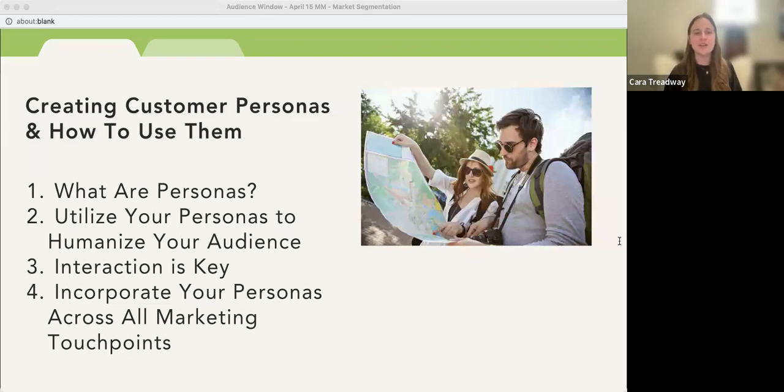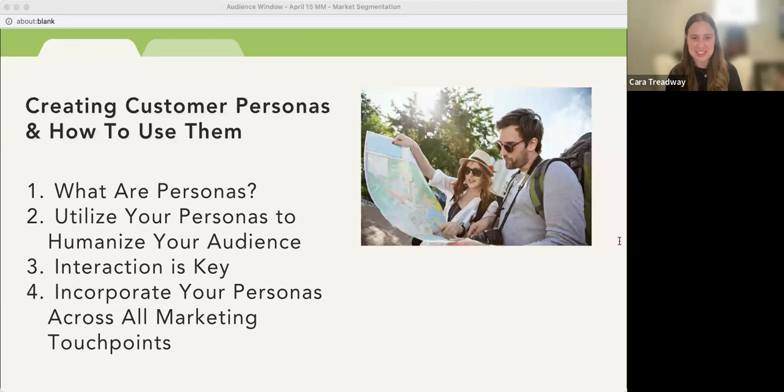Customer personas are fictional representations of your ideal customers, and they're crafted using audience data that you collect. So for instance, you might make up a persona named Adventure Seeking PJ, and you're going to call this group for your segment. It might represent outdoor enthusiasts and detail demographics, hobbies, pain points, and more.